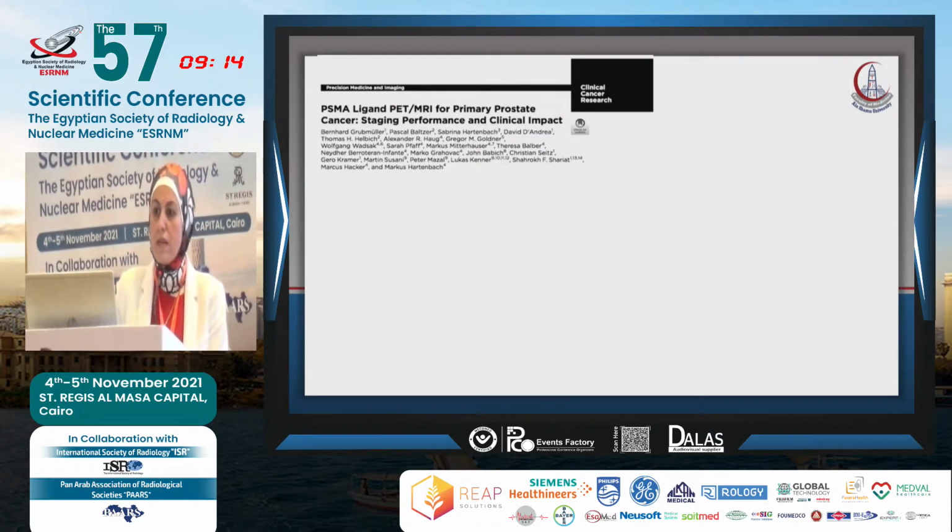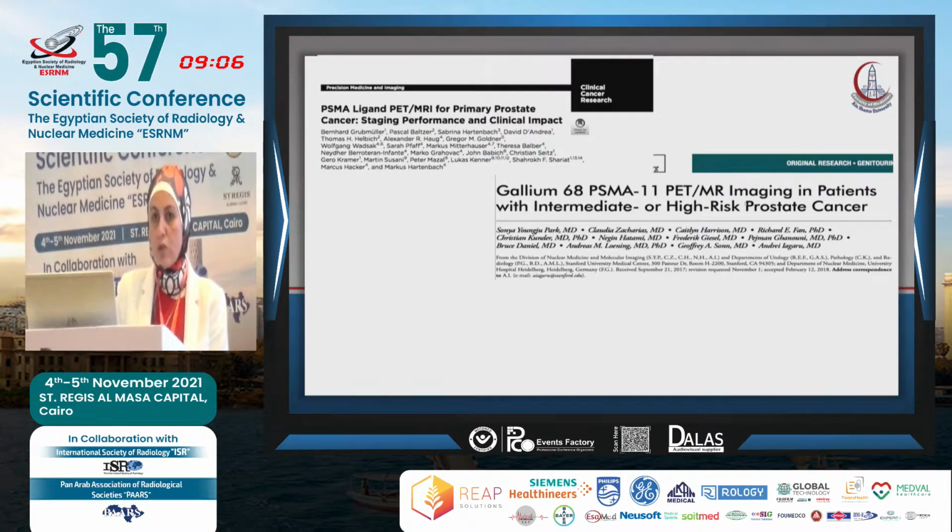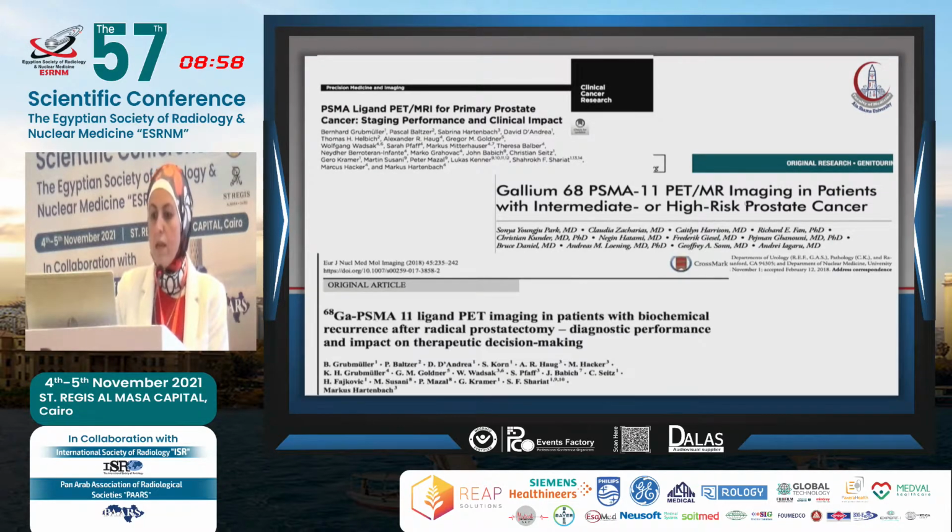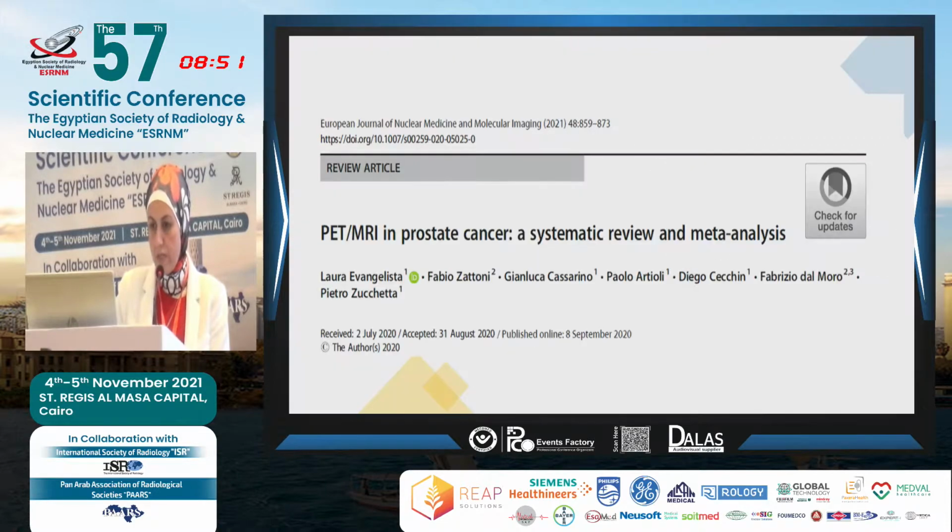Multiple studies show the added value of PET MRI, especially in staging high-risk and intermediate-risk groups, because it is of high significance in evaluating distant metastatic disease. Also, PET MRI is very valuable in local staging, especially in biochemical recurrence.